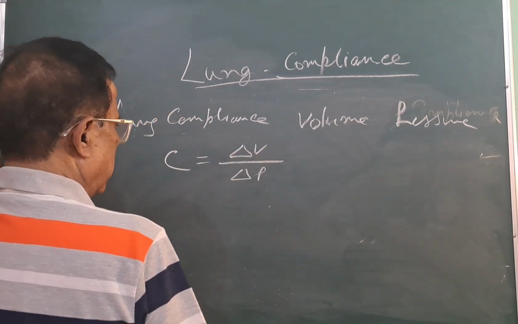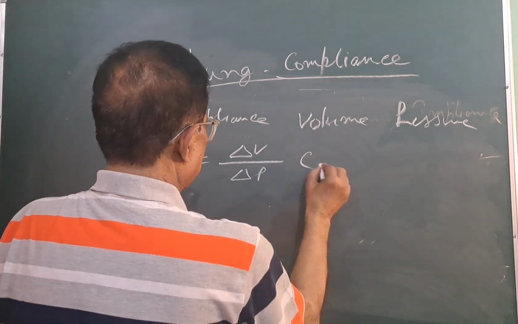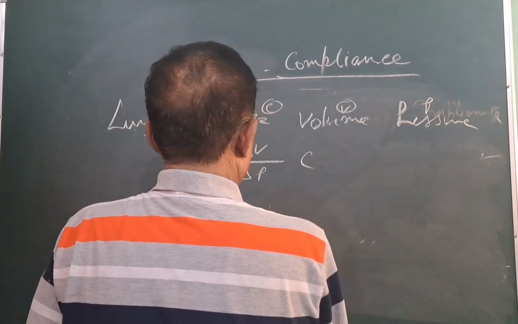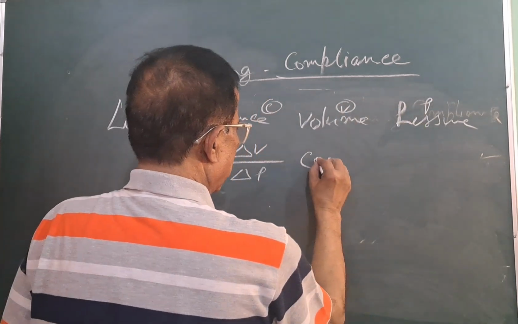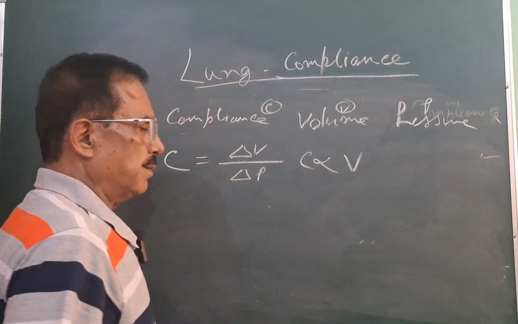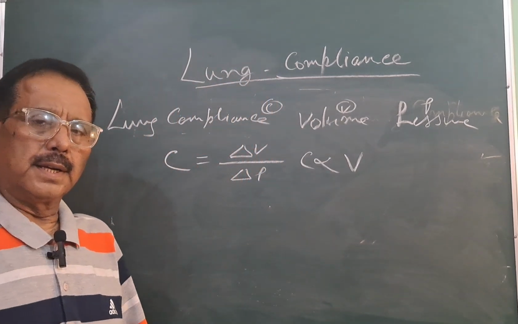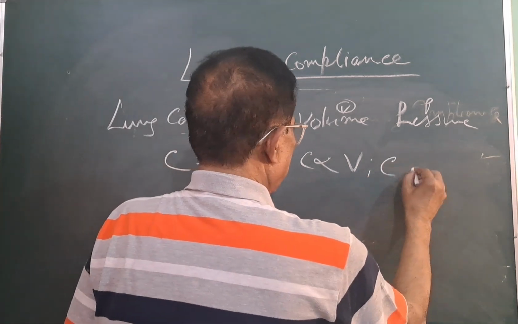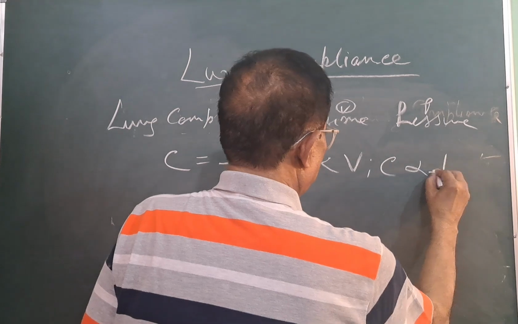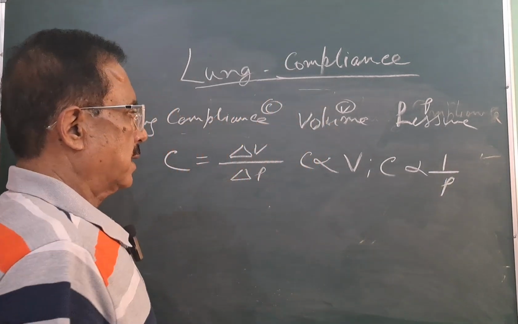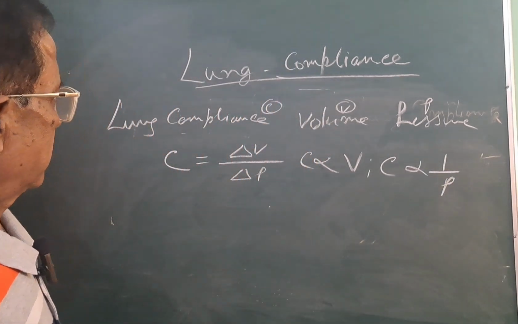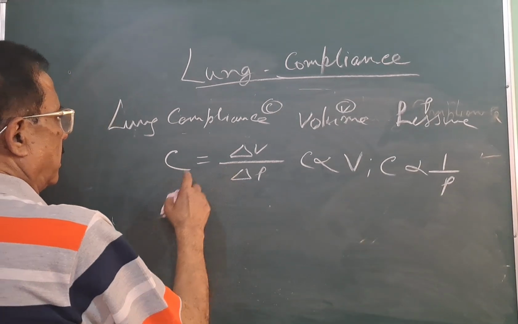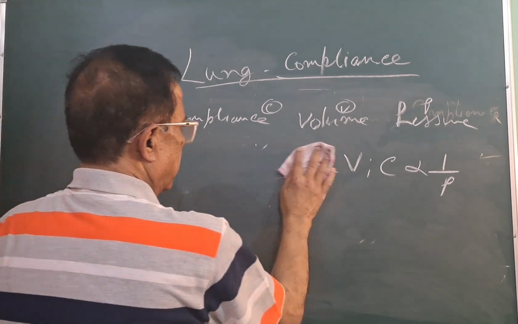Compliance is directly proportional to volume: when volume increases, compliance increases. And compliance is inversely related to pressure: when pressure increases, compliance decreases. This is the relation of lung compliance with volume change and pressure change.